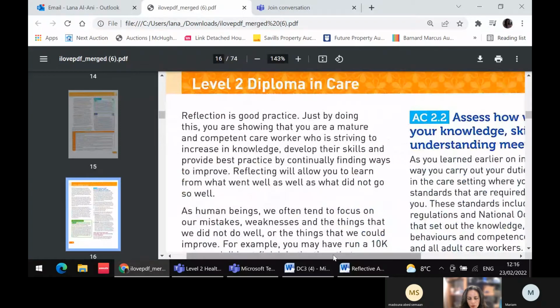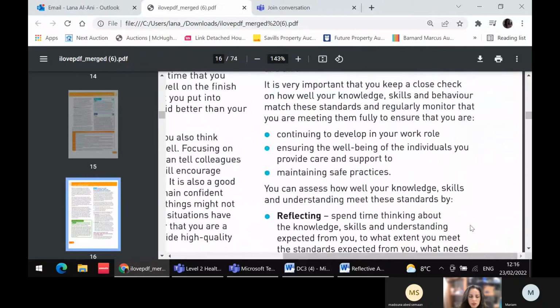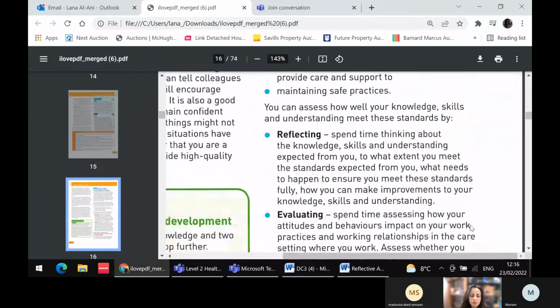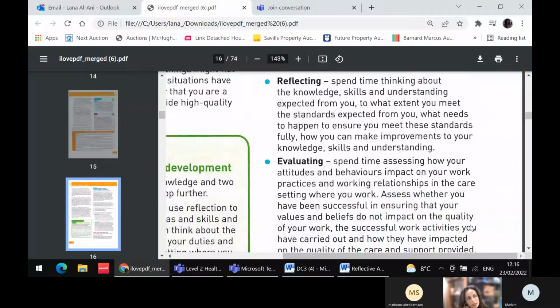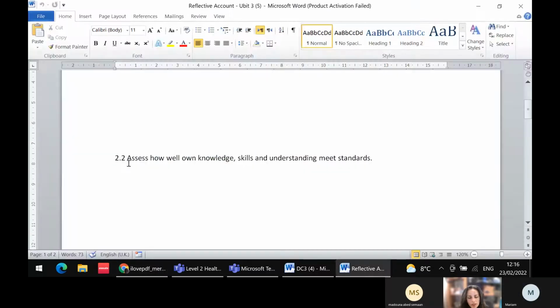Okay, so how would you assess your own knowledge, skills, and abilities? You need to do reflecting. You need to do evaluating. Yes? Yes. So how do you assess your own knowledge, skills, and understanding?